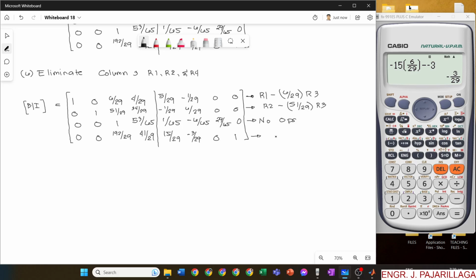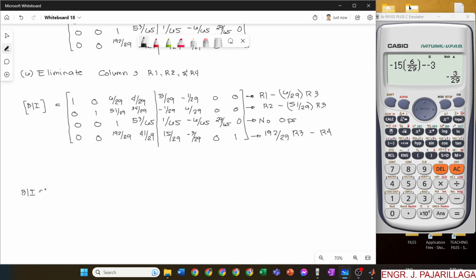And for the row 4, we can do row 3, or baliktarin na lang natin. We can do 192 over 29, row 3 minus row 4. So, these are the operations na pwede nating i-apply dito sa ating matrix para makancel natin yung element na to, at yung element na to. Okay? So, let's apply the operations now.